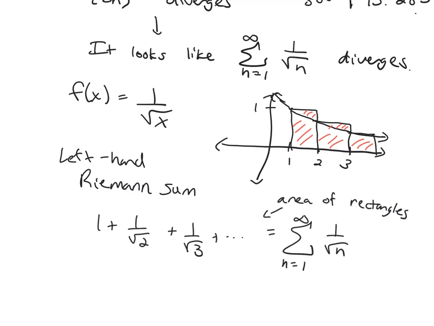But the area of these rectangles now goes above my function, right? So now they have more area than the area underneath my curve. So what's going to happen is that the integral, the area underneath my curve, is going to be a lower bound for the area of my rectangles.